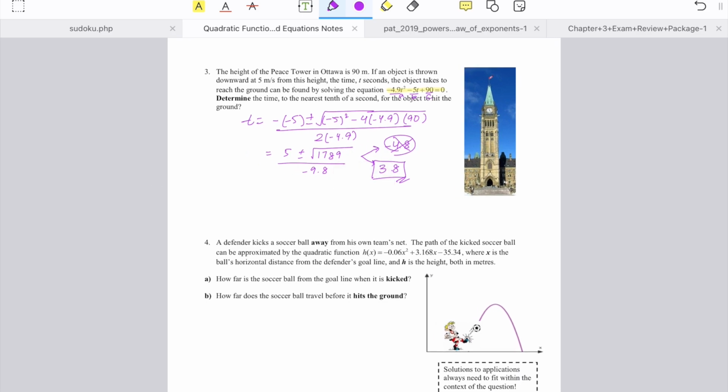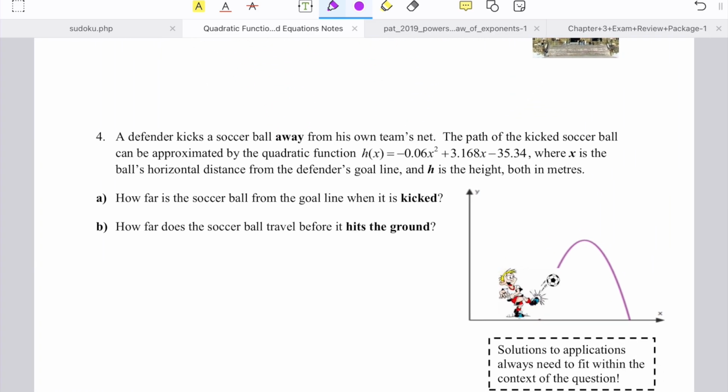Same thing over here. The equation is given to you, and you're supposed to figure out how far the soccer ball from the goal line is when it is kicked, and how far the soccer ball traveled before it hits the ground. So you're supposed to graph it and find the answer to this. So this one would be easier to do using a graphing calculator, right?